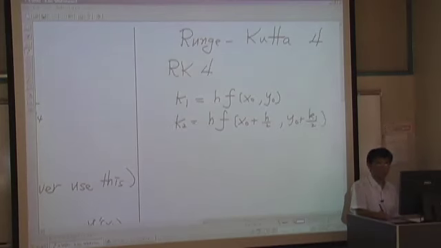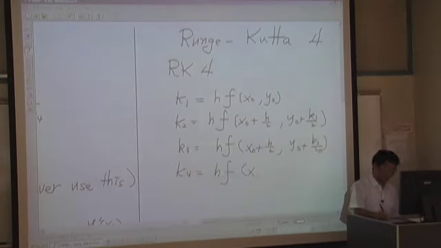K1 is already calculated here. And then K3 equals h multiplied by f of x0 plus h over 2, y0 plus K2 over 2, and then K4 with h, and roughly this is what they did.